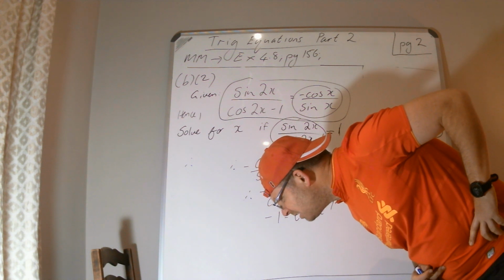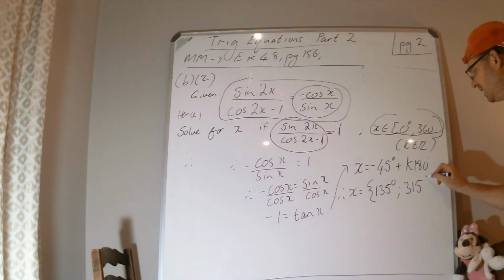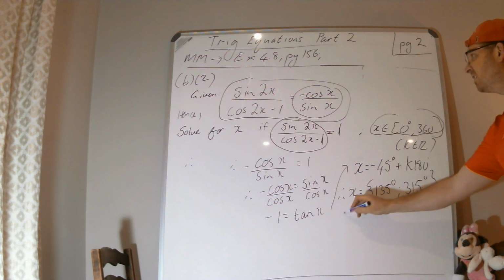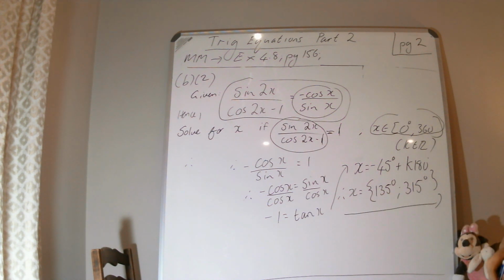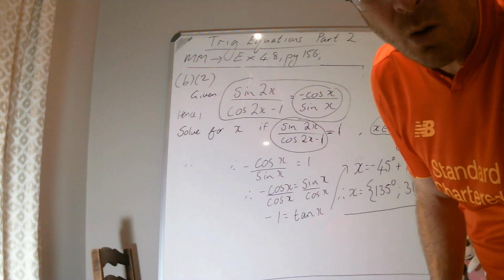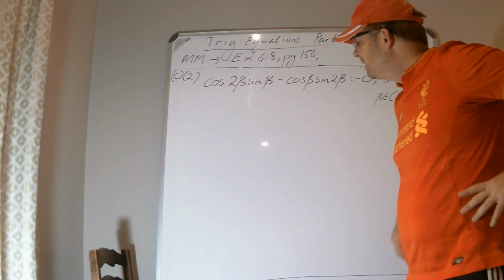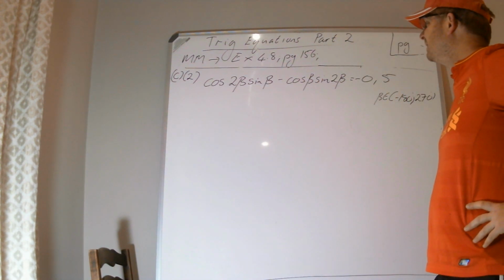Let me double check on my notes. Yes, it is 315 degrees, and there is your solution set. And that is your answer. Hannah and Boati, you've done the hockey team proud. Well done.